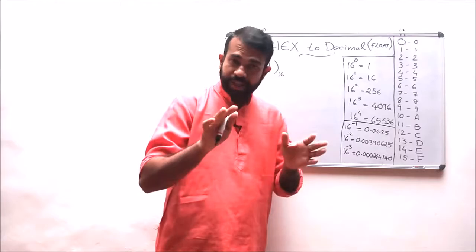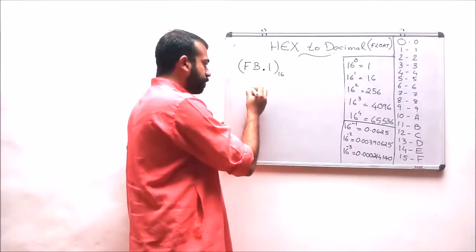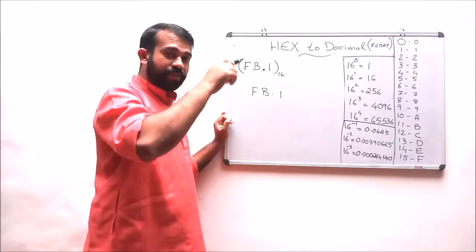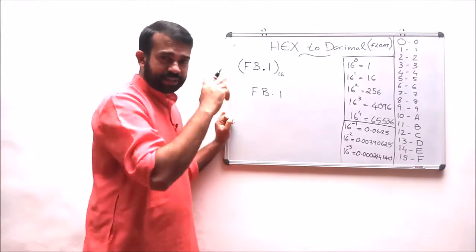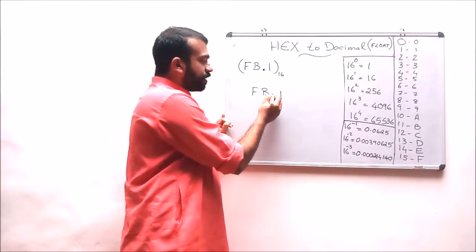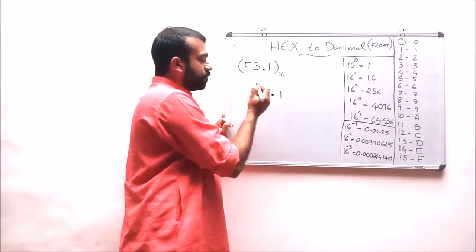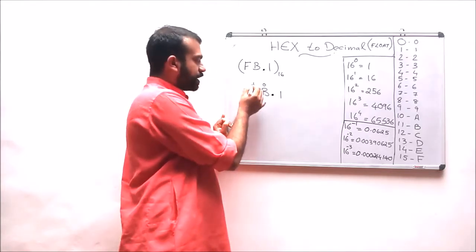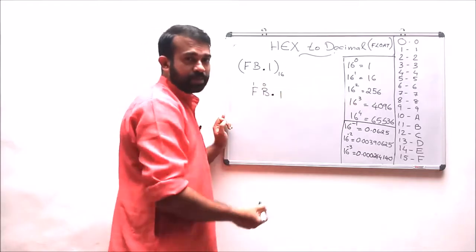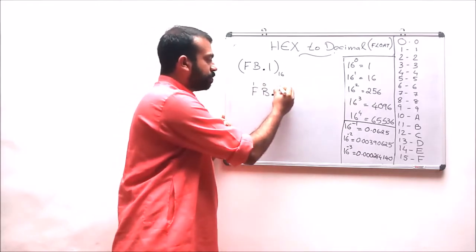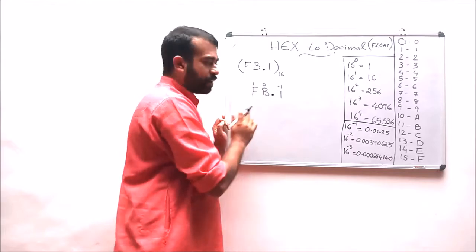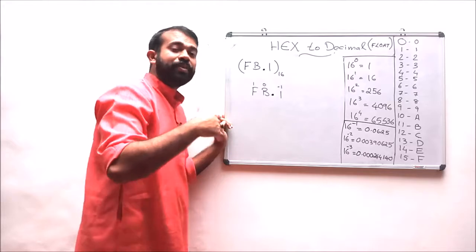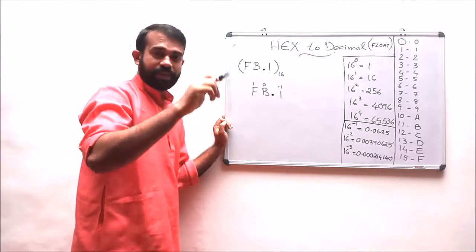So for conversion, what we have to do is, first of all, write this number FB.1 and consider the power values or the unit positions of this particular number. Before the fractional point, the unit position of B is 0 and F is 1, and after the fractional point, the unit positions will be minus 1, minus 2, minus 3, etc., decrementing by 1.